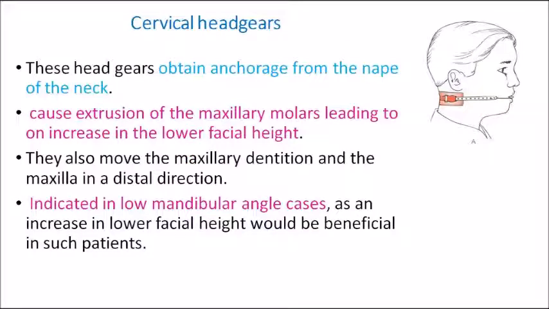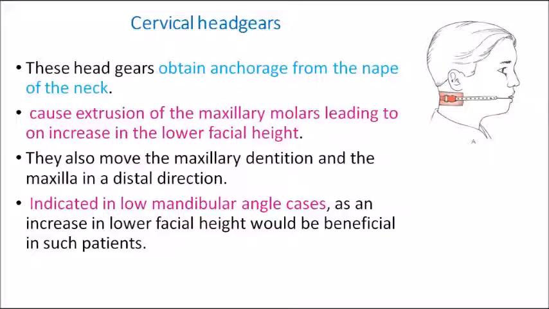So now let's discuss each of these headgears based on the site of anchorage. The first one is your cervical headgear, whose anchorage is derived from the nape of the neck. Now, when you're giving a headgear, it's basically to intercept the growth of your dentition, your skeletal component, especially your maxilla.